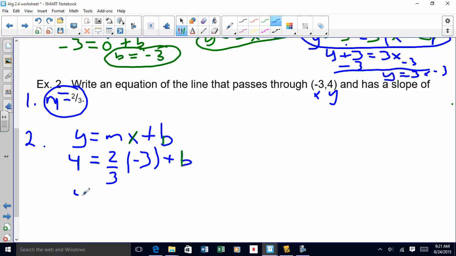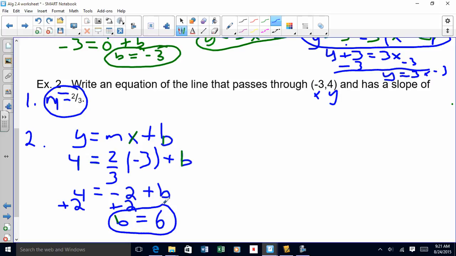So if we solve, we have 4 equals 2 times negative 3 is negative 6. Negative 6 divided by 3 is negative 2. So negative 2 plus b. And of course, add your 2 over, and b is equal to 6. Now we know m, we know b, we write our equation.